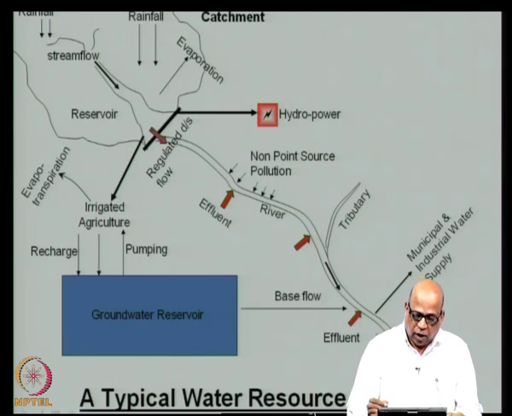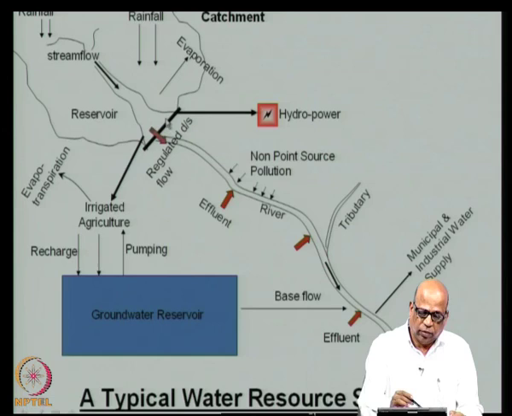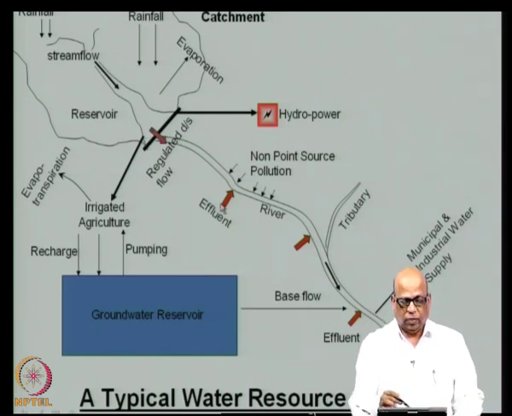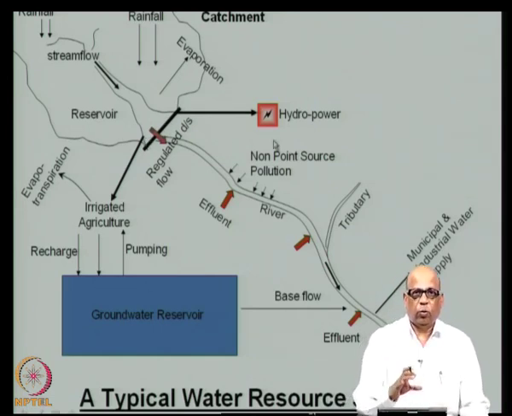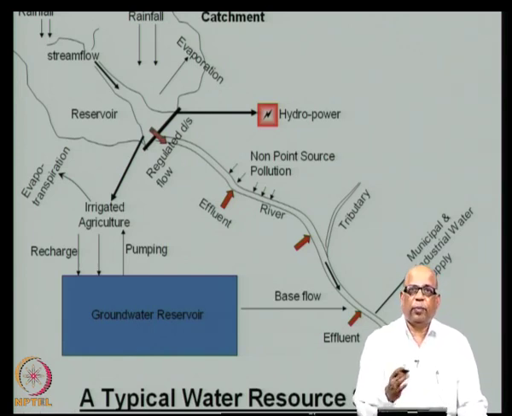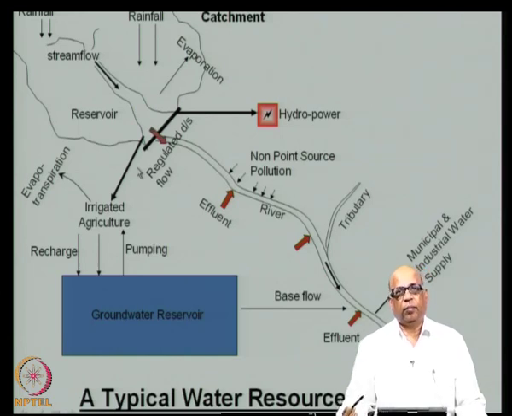Oftentimes, we may look at individual components. For example, in many situations, we look at individual components. Let us say I look at only the reservoir operation, lumping all other systems. So, we may lump the total demands, we may lump the groundwater contribution, or we may ignore the groundwater contribution, we may ignore the water quality component, and so on, and simply look at the reservoir here, look at the total demands, look at the hydropower, and then operate the system in an optimal way.